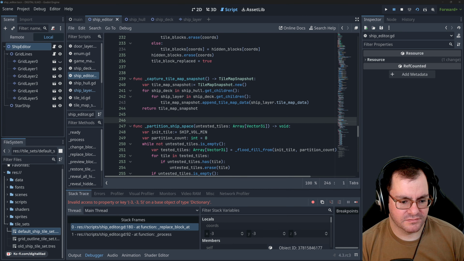All right, so here's our problem that we were in the middle of. Pending blocks doesn't exist. And aren't we doing a checkup here about that? We're saying if not pending blocks dot has coords, replace block at. So we can't be checking pending block because it specifically does not have this. Or if we're calling this function, it doesn't exist there.